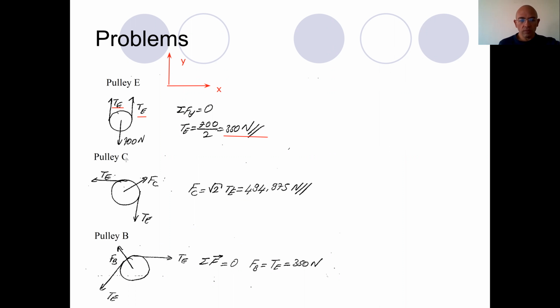Now let's focus on the pulley C. Since the tension in the cable is constant through the cable, we have force TE and TE on either side. Certainly, there is a reaction force that comes to the pulley, and obviously we can say that it makes an angle of 45 degrees with the horizon.